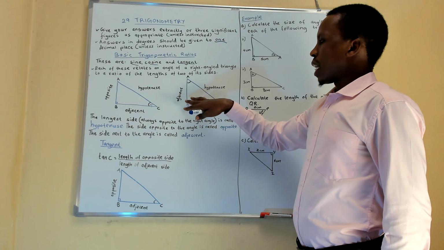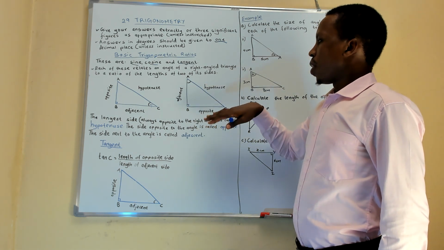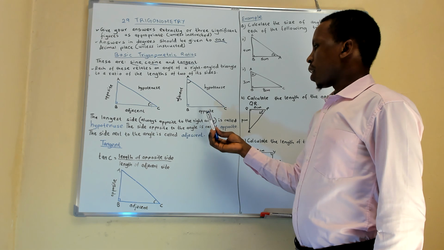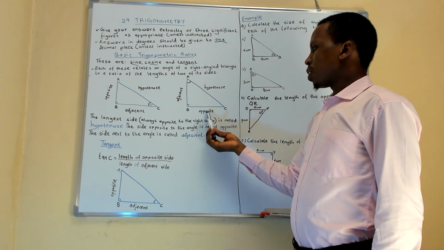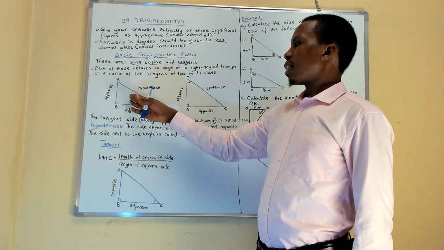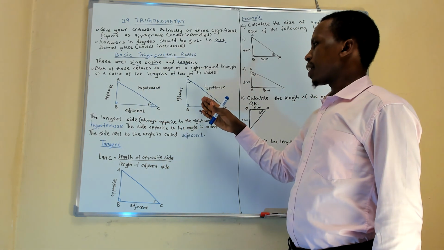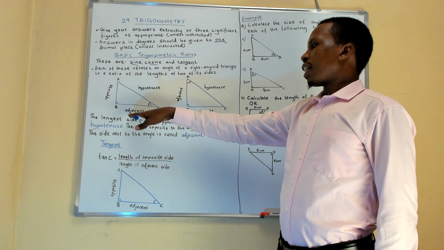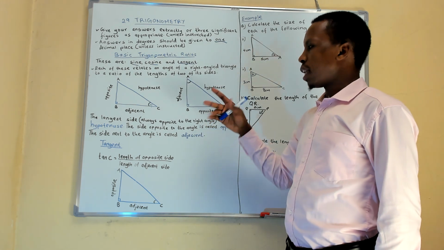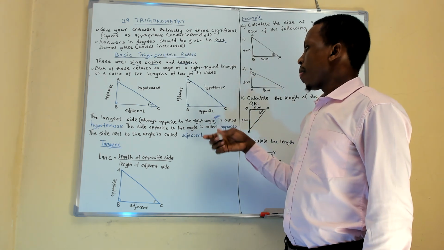If you consider this other figure, we have this angle A, and it is opposite to this other side. You'll notice that the difference between the first triangle and the second triangle is that the adjacent was here, but now this is the adjacent. Now they are twisted.